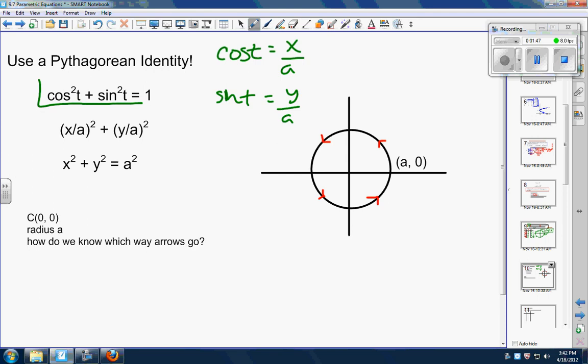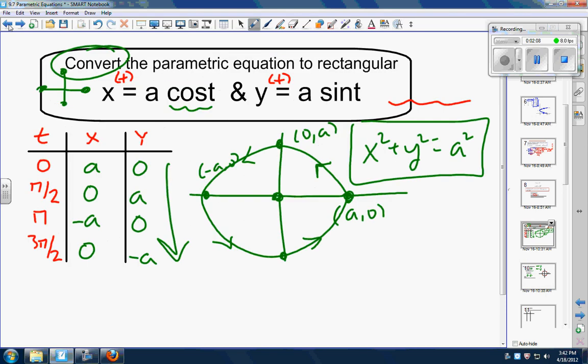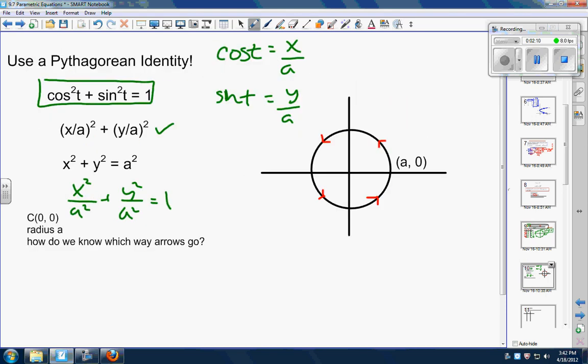Use the Pythagorean identity we haven't seen in a while and square both of these. So that comes out to this right here. Now, how'd they get the a squared on the other side? Simply because the identity equals 1, so they just multiplied everything in here by an a squared.